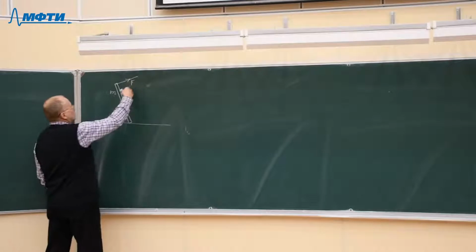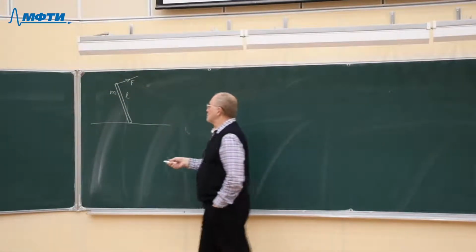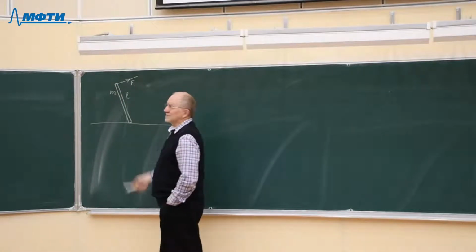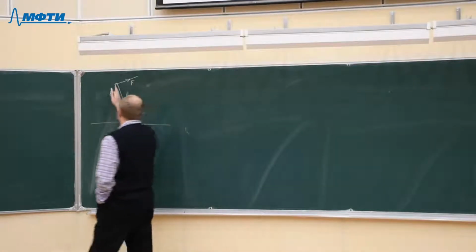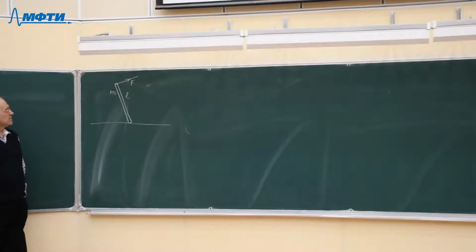We keep this bar using the string, and we pull the string at force F so that the bar is in equilibrium position.